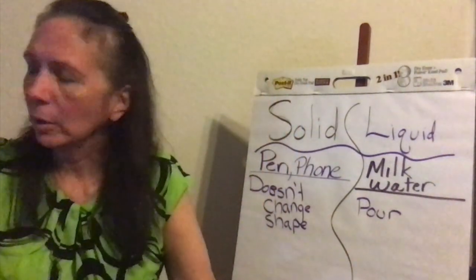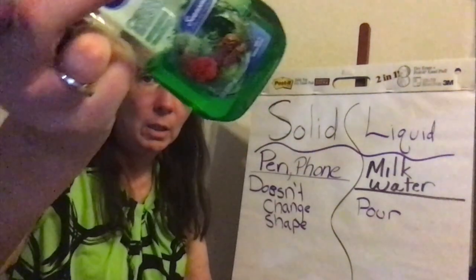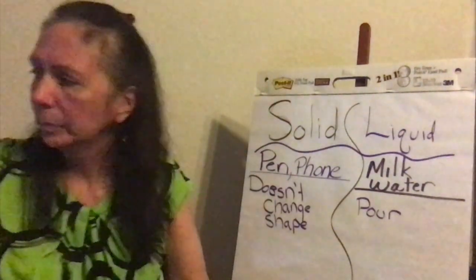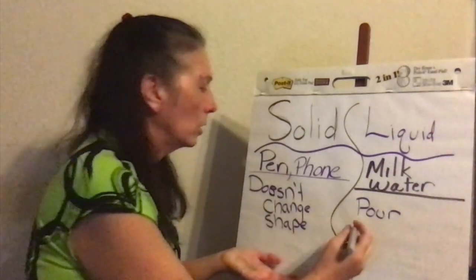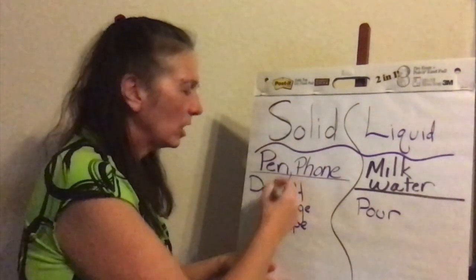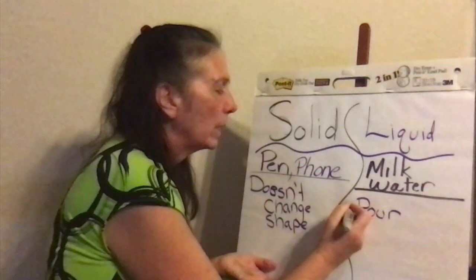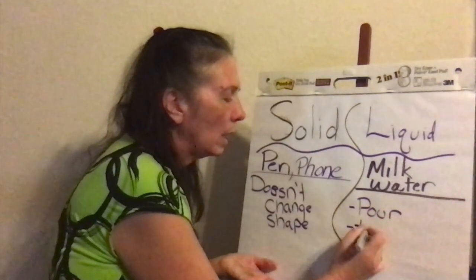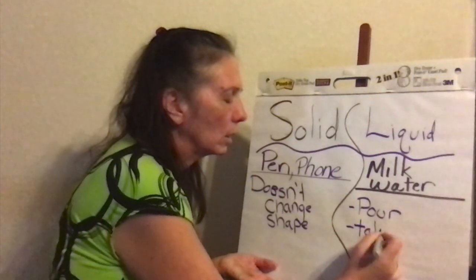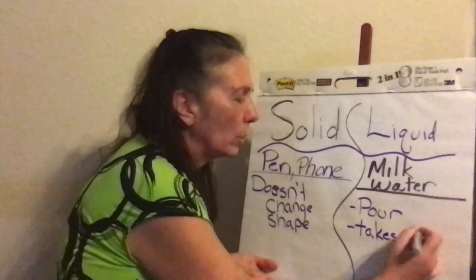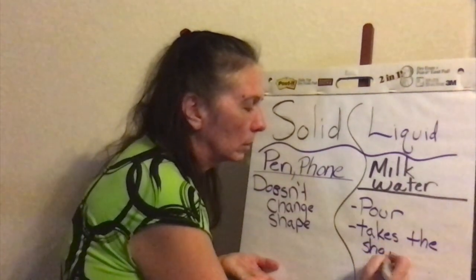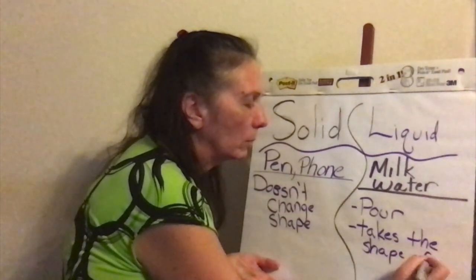When it was in the bottle, it takes the shape of the bottle. So a solid doesn't really change its shape, but I do know that a liquid takes the shape of the container.